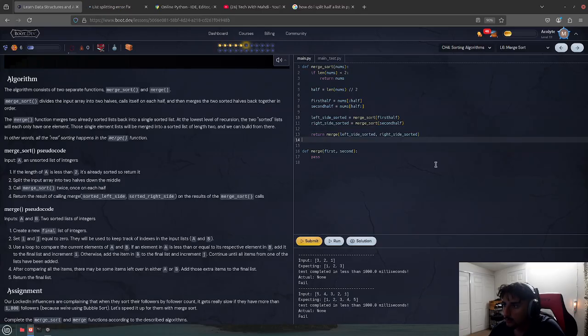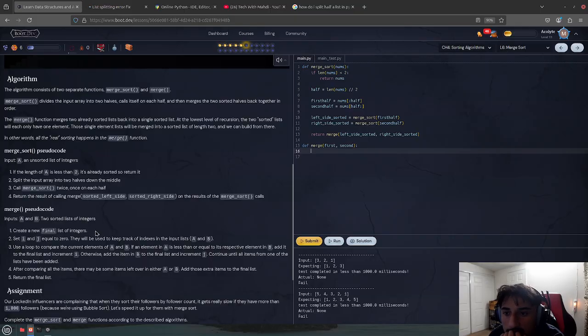Okay. Alright, then for merge. So this is where the fuckery happens. Inputs A and B, two sorted lists of integers. So we create a new final list of integers.